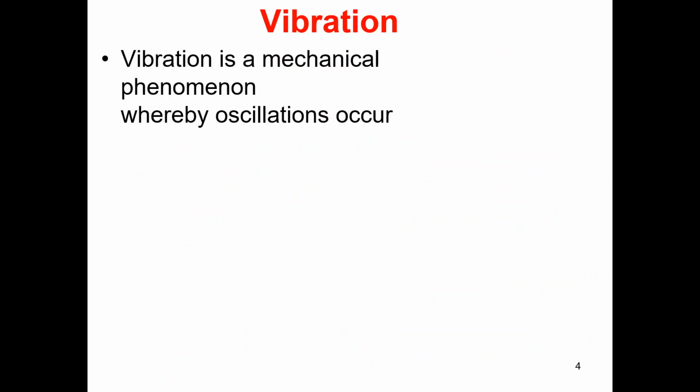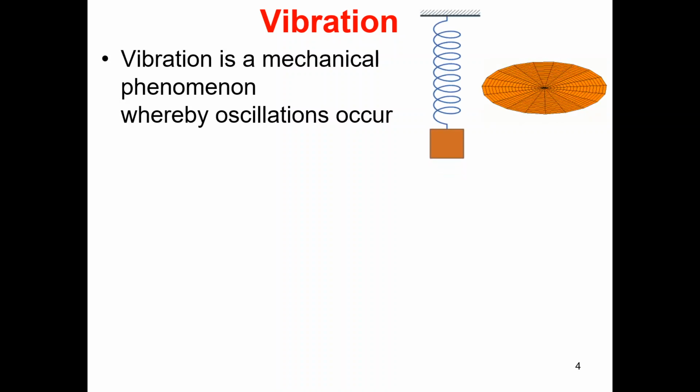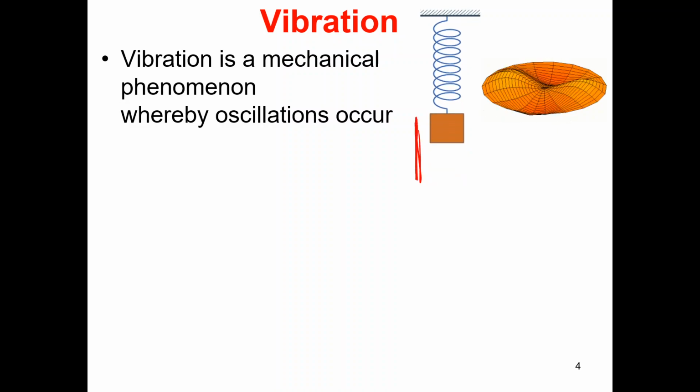But what is vibration in general? Vibration is a mechanical phenomenon in which oscillations will occur. So it will look something like this. Right? It is a mechanical phenomenon, of course, and you have oscillations, as you can see here.